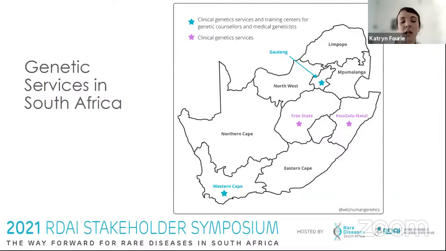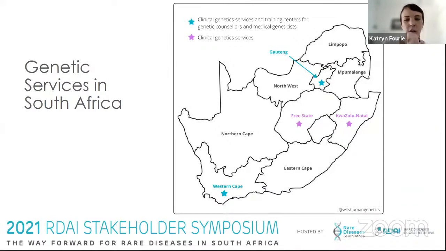The type of service can also differ between provinces. What you can access in the public sector in the Western Cape can sometimes be different from what you can access in the public sector in Gauteng. So there's a big inequality based on where you are. As has been mentioned, if you're across the road from Groote Schuur or Baragwanath Hospital, your access is going to be better than if you are in the Northern Cape.